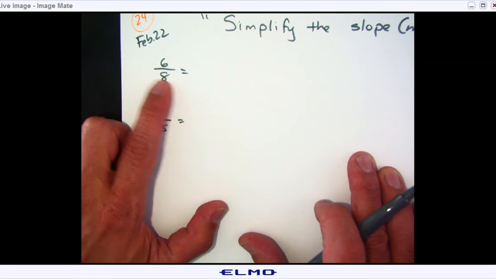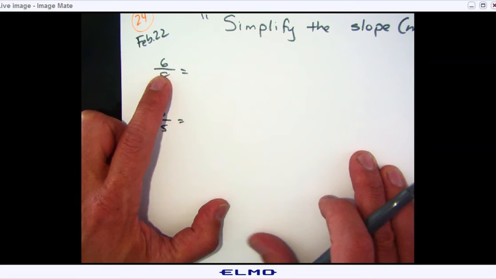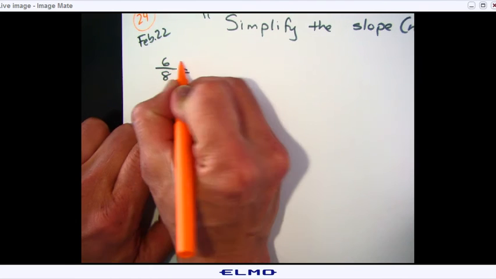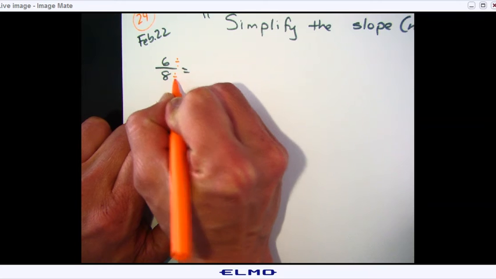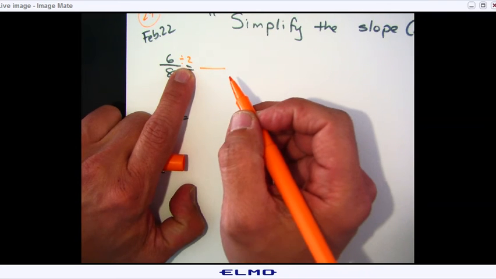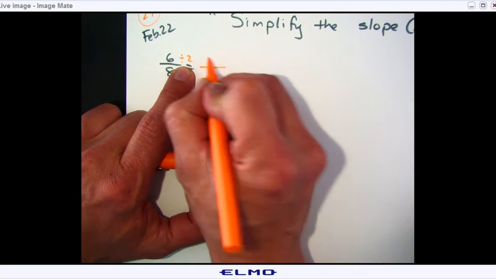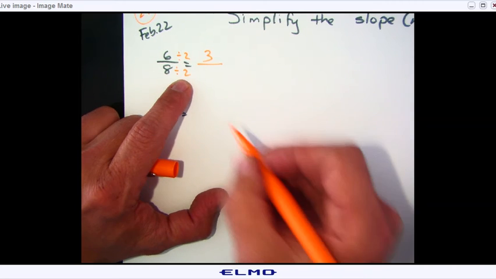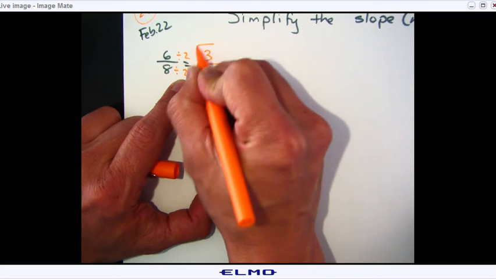You could divide. Some people already know how to divide. I could divide the 6 and the 8 by 2, which gives me 2 times 3 for 6, and 2 times 4 for 8.